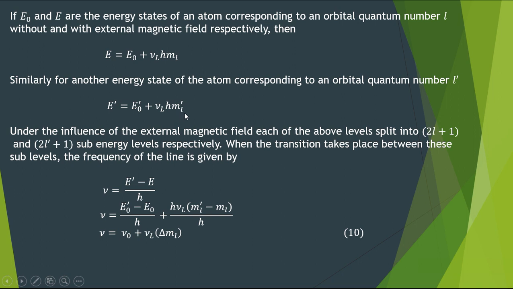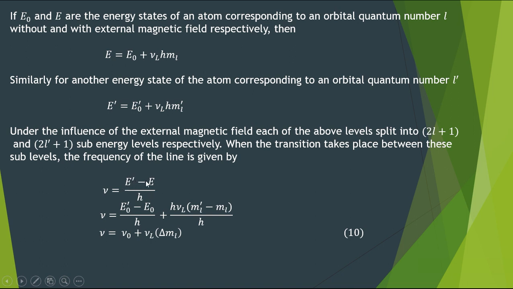Under the influence of the external magnetic field, each of the above energy levels splits into 2L plus 1 and 2L dash plus 1 sub-energy levels respectively. When the transition takes place between these sub-levels, the frequency of the spectral line is given by nu is equal to E dash minus E divided by h.